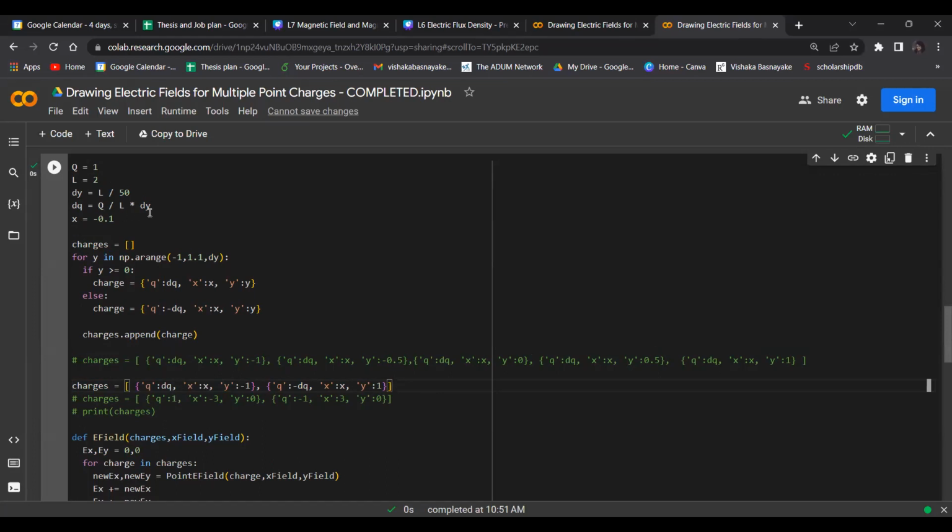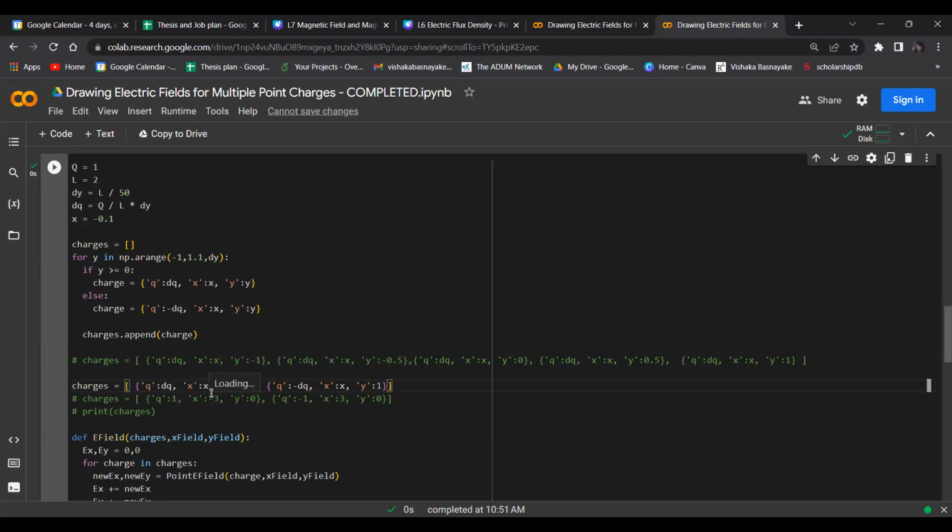So dq is the magnitude of the charge, and the location of the charge is given by the x and y. So the x coordinate and y coordinate define the location of the charge.